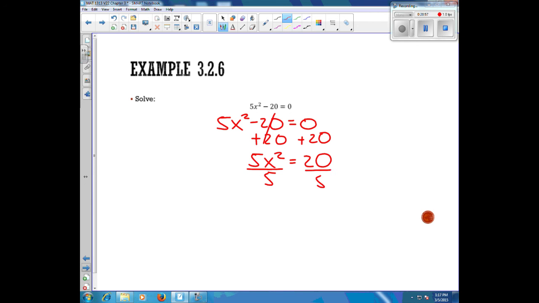And when we divide by 5, we get x squared is equal to 4. And now we can take the square root of both sides. The square root of x squared is just x. And the square root of 4 is 2 and negative 2, plus or minus 2. And so there's our two solutions.